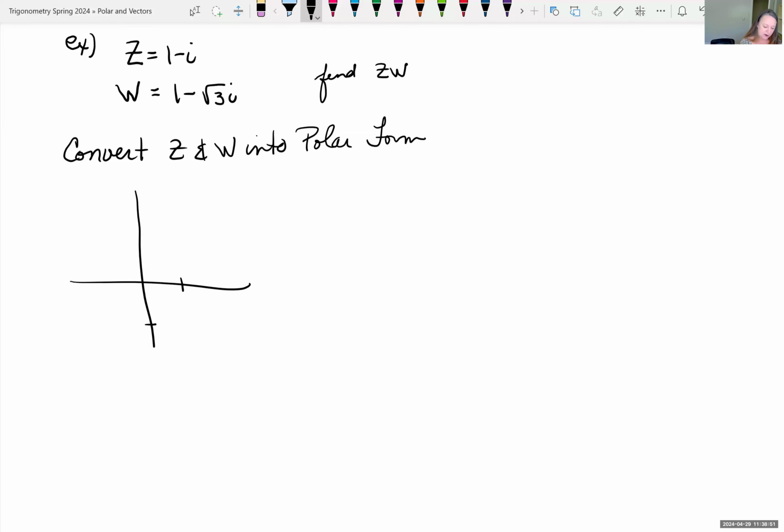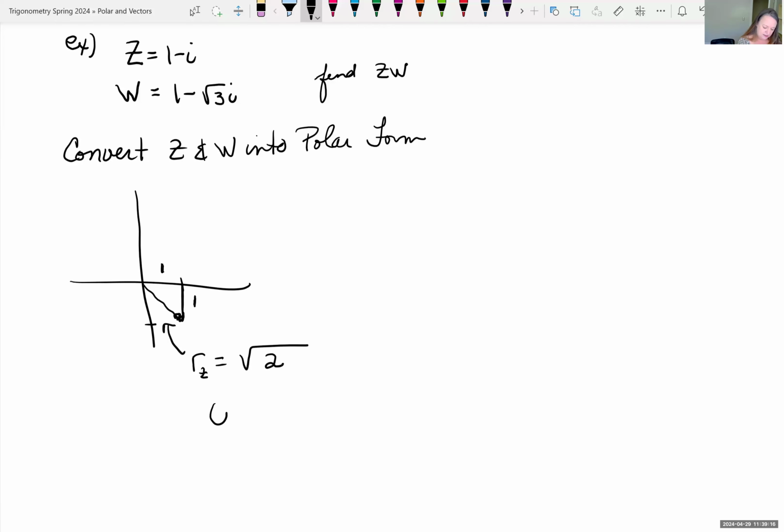That gets me down into the fourth quadrant. This is a length 1, this is a length 1. My r value for z is equal to the square root of 1 squared plus 1 squared, which is square root of 2.